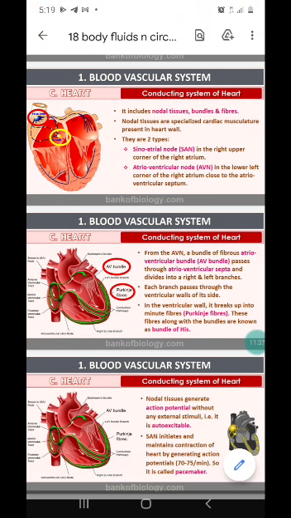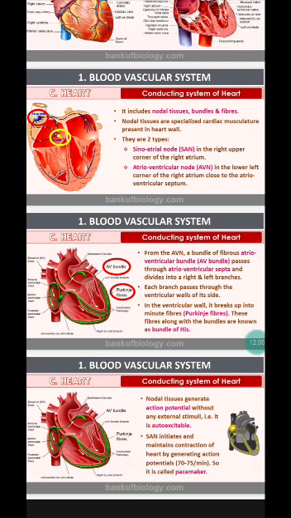contract rhythmically, which are called the cardiac muscles. These muscles contract in a rhythmic fashion, and you also should know that the heart doesn't altogether contract and expand. First, the atrium contracts. Then when it starts to relax, the ventricles start contracting.